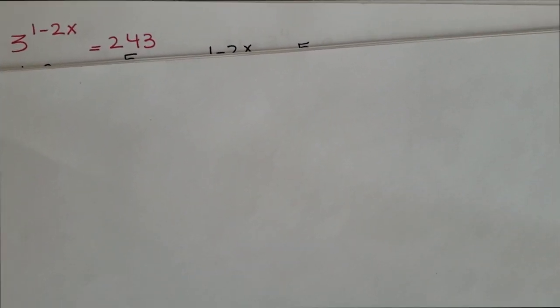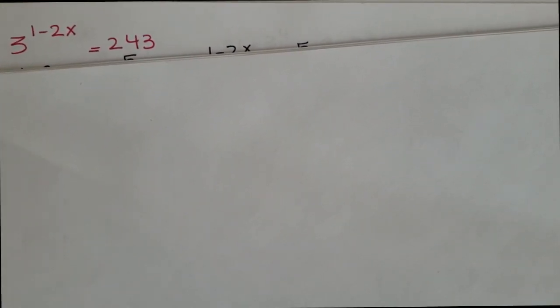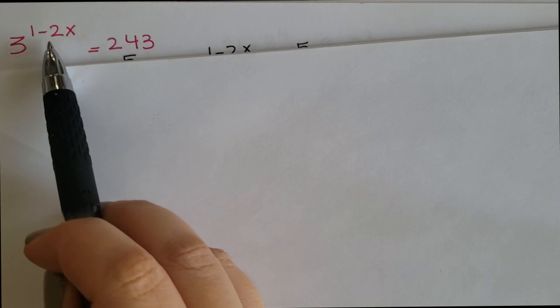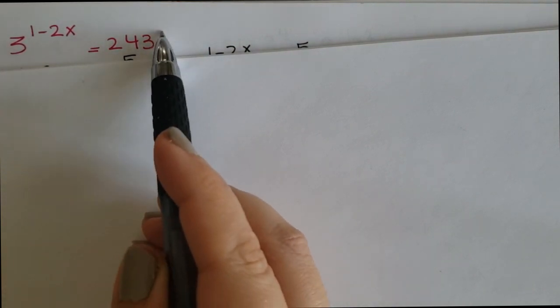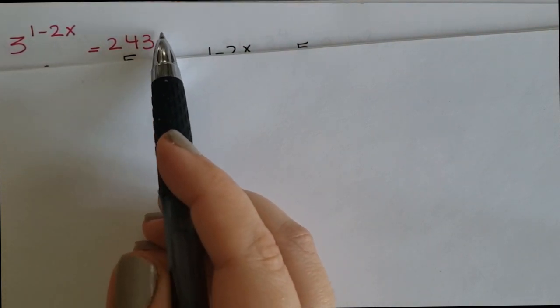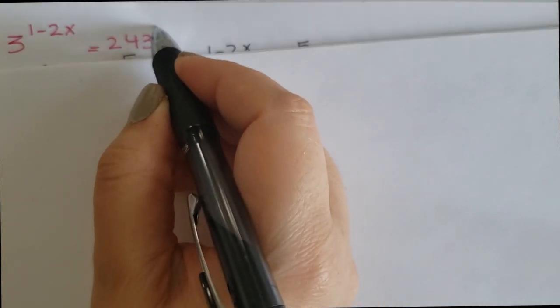So here is another example. Again, on one side the base is 3, on the other side the base is 243, which is not a favorable thing. And then as you can see here, the exponent is 1 minus 2x, but here there is no exponent. When the exponent is missing, that means it is 1.